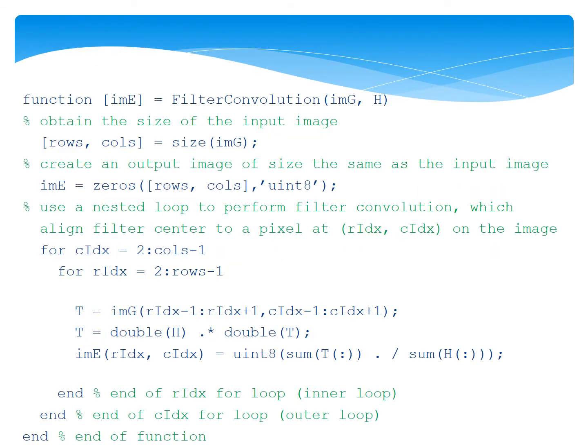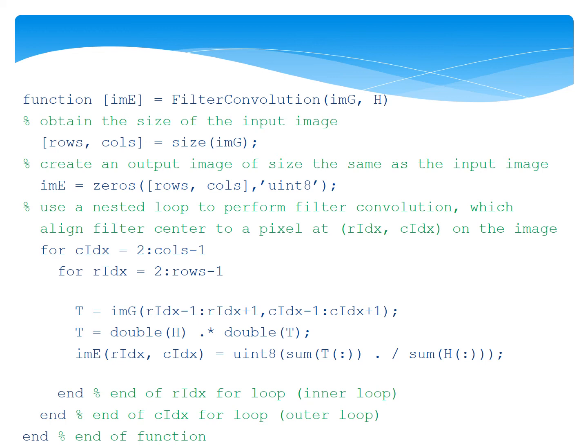In the example code, we create a MATLAB function named filter convolution. The first input parameter is a gray level image, IMG, and the second parameter is a filter H. The output is the filtered image, IME.